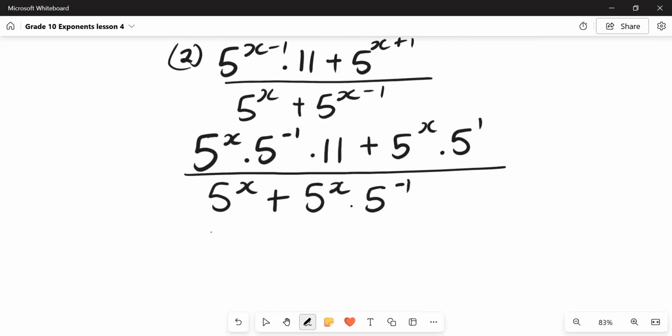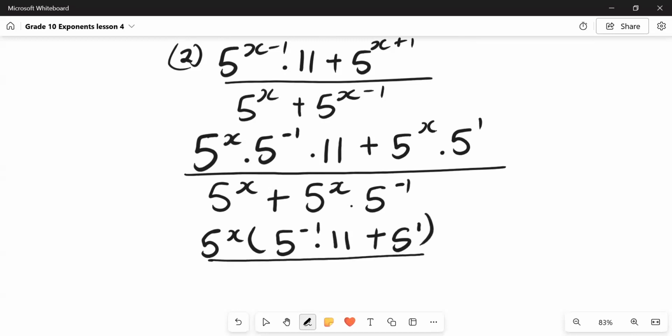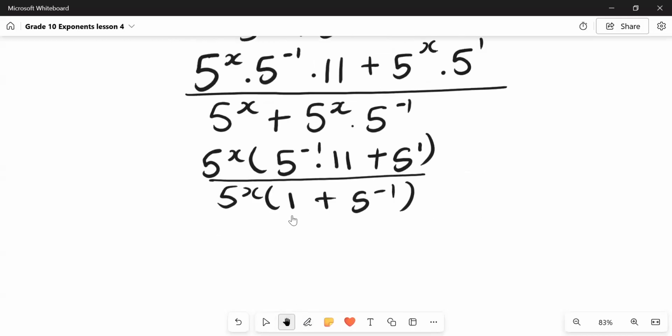And then from there you take out the common factor. Now you're left with 5 to the power of negative 1 times 11 plus 5 to the power of 1. Common factor again, and you're left with 1 plus 5 to the power of negative 1. And then from here, let's continue.